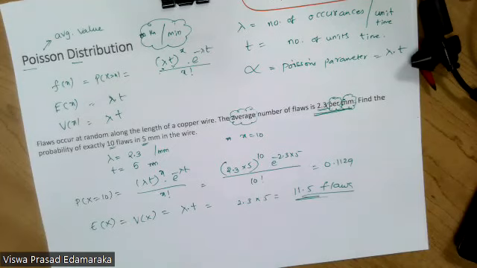I remember one problem in the first semester exam. He gave a problem regarding the number of accidents that occur on a Monday or Wednesday. He gave 5 accidents per week. So he has given a lambda value and a t value. Simply we need to substitute lambda t and find the mean. I don't remember the exact problem, but it is very important from your examination point of view.